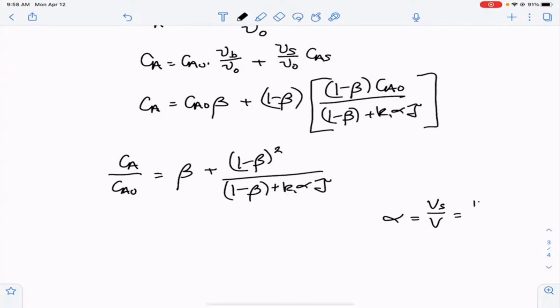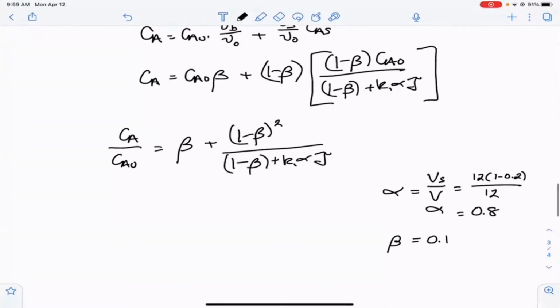So the active volume is 12 times 1 minus the portion that's dead zones divided by the volume, and that's equal to 0.8. So we utilize 80% of the reactor volume. And then we're directly told in the problem that 10% of the volumetric flow rate goes through the bypass. So beta then is equal to 0.1.